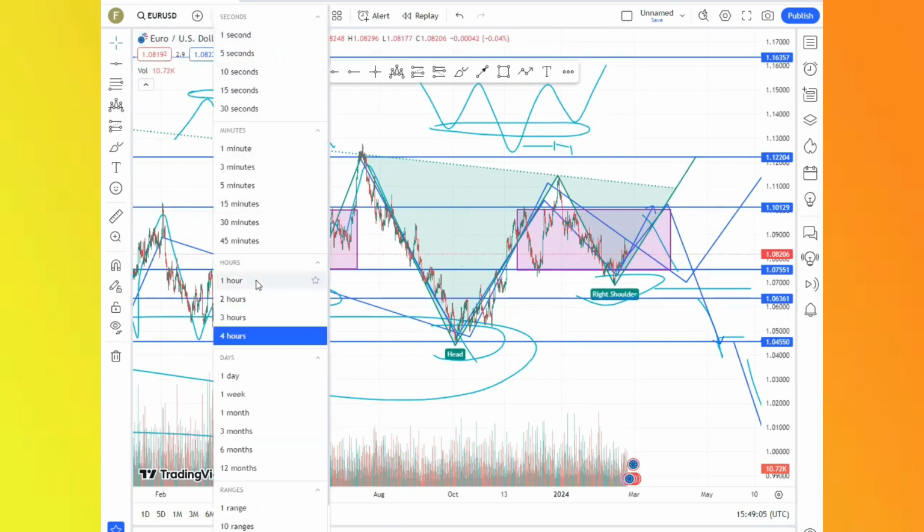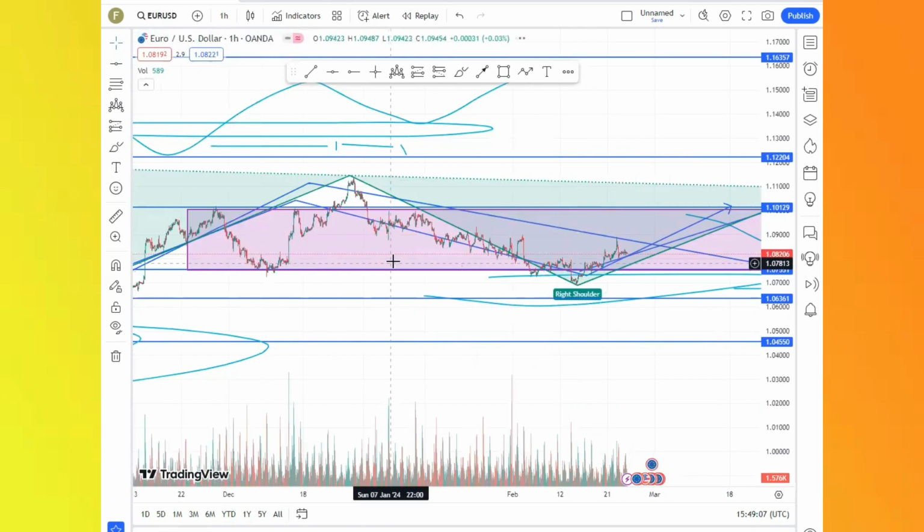Let's go to 1 hour and look for our entry point.